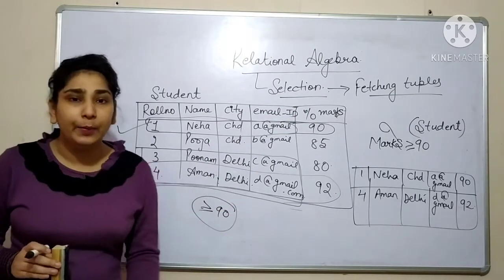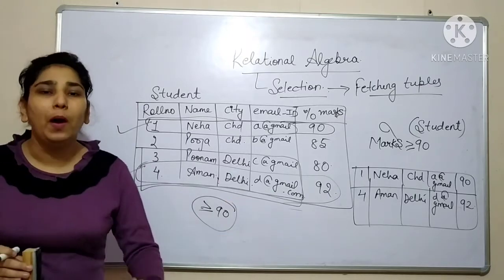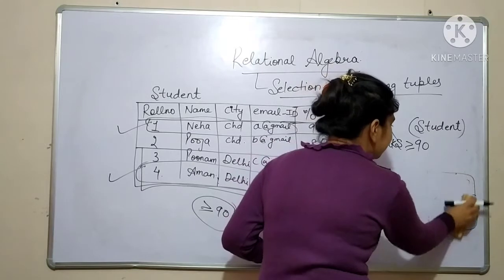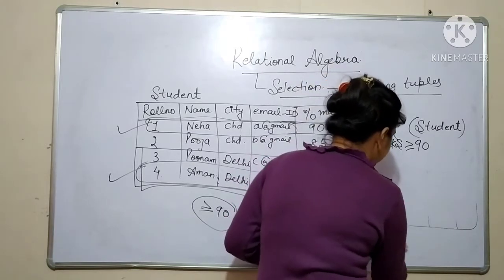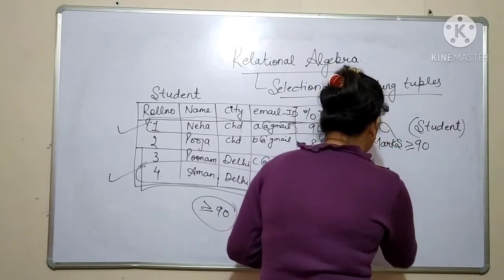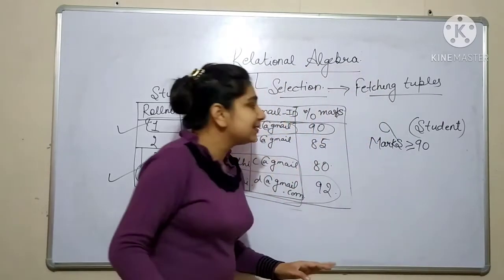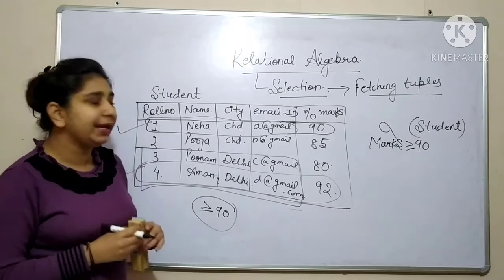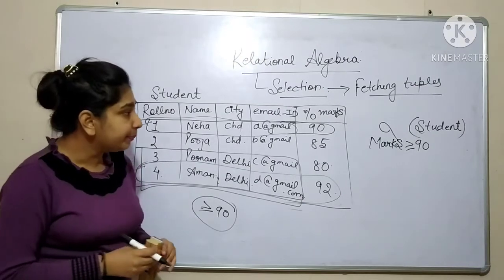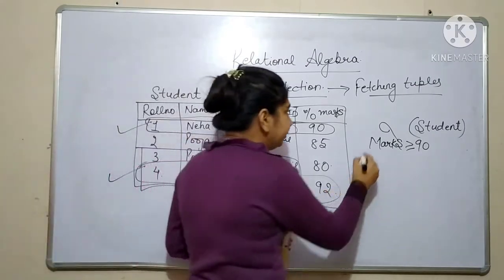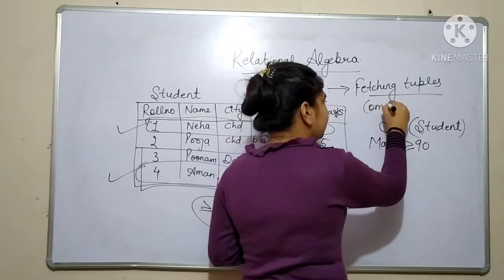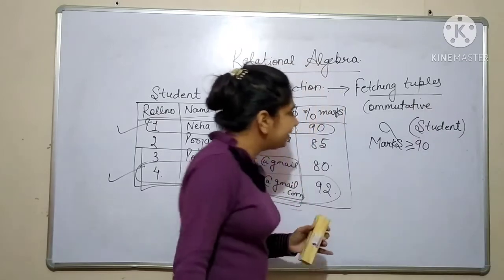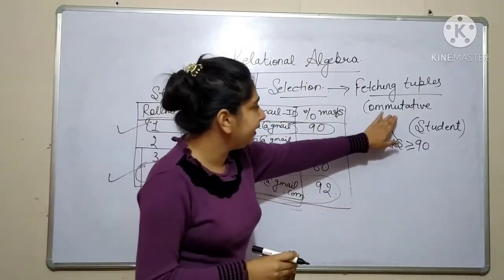Now let me tell you one more thing: this selection operation is commutative. What does commutative mean?